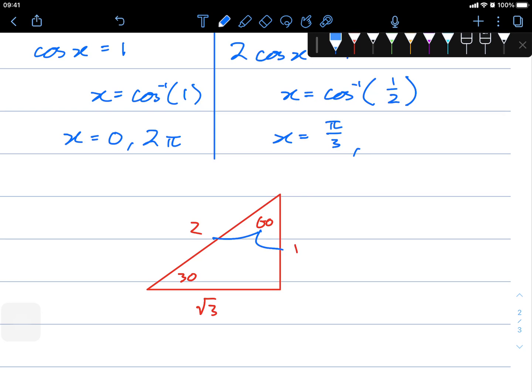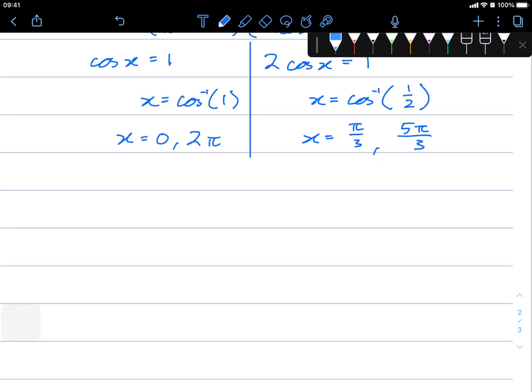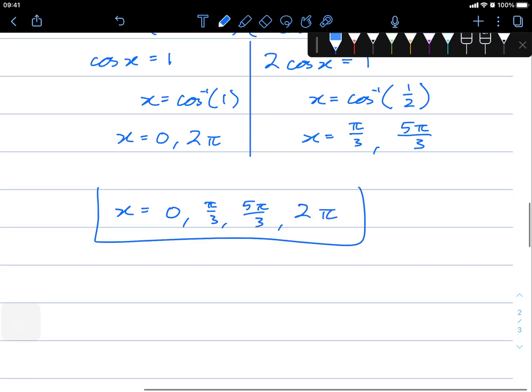So 360 minus 60 degrees is 300 degrees, but we need to convert that into radians. So we should be getting 5 pi on 3. So our four answers to this are x is equal to 0, pi on 3, 5 pi on 3, and 2 pi.